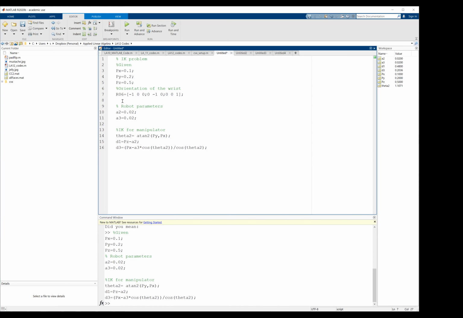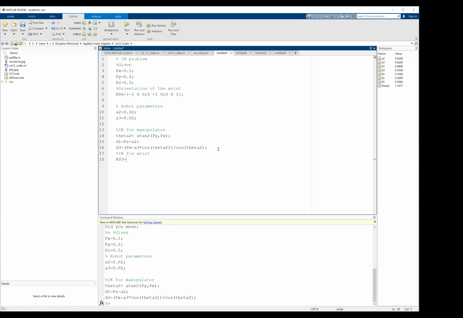So this is the orientation of the wrist. So IK for the wrist: to find our IK for the wrist, the first thing is we need to find R03.